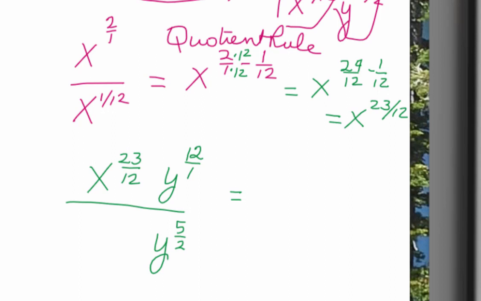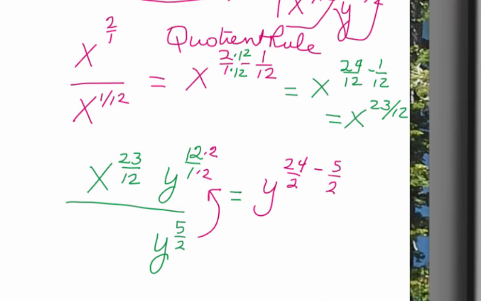And our common denominator here is 2, so I'm going to multiply top and bottom here by 2. So this guy here is y to the 24/2, and I'm going to subtract the exponent 5/2 since we are dividing. Quotient rule. And 24 minus 5 is 19.